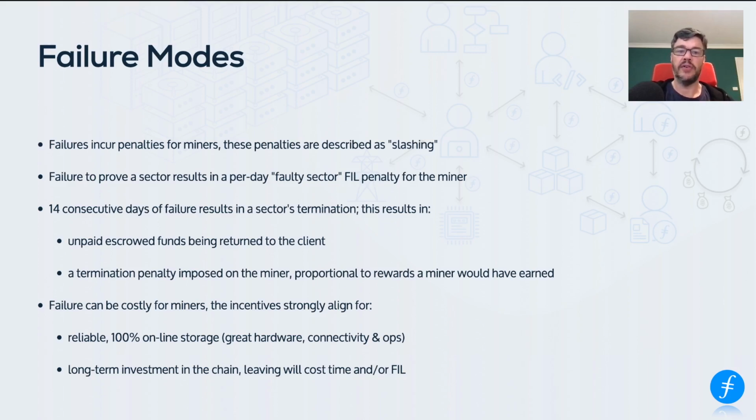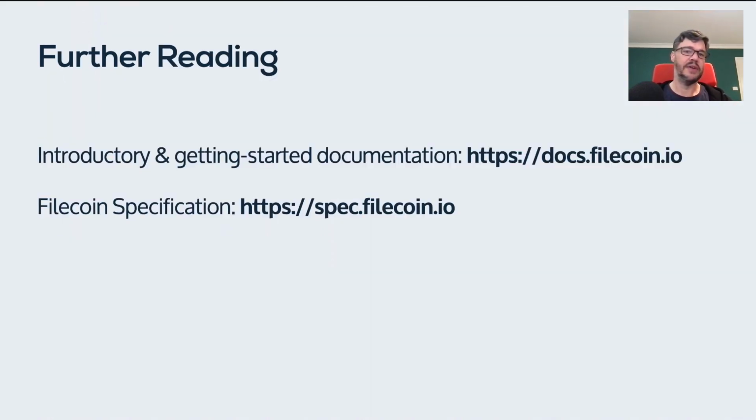So it encourages long-term investment in the chain as well. So leaving Filecoin as a miner will cost either time to get out to have your sectors terminate naturally, or if you terminate early, then it's going to cost you in the collateral and the penalties. Failure modes are very well accounted for, and they lead to very strong incentives for longevity and solid storage.